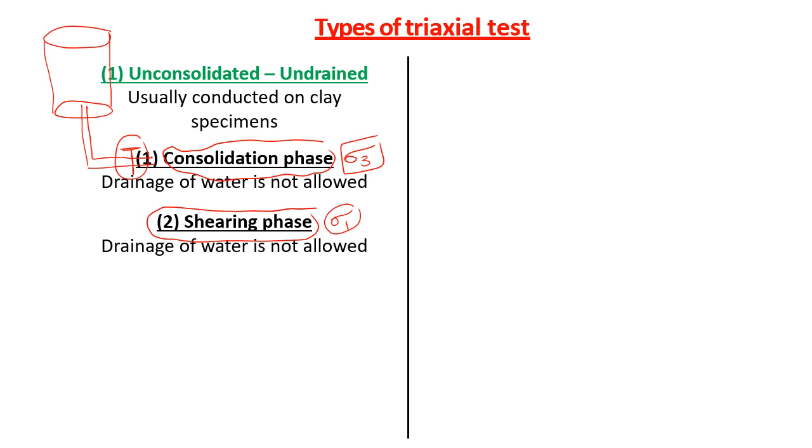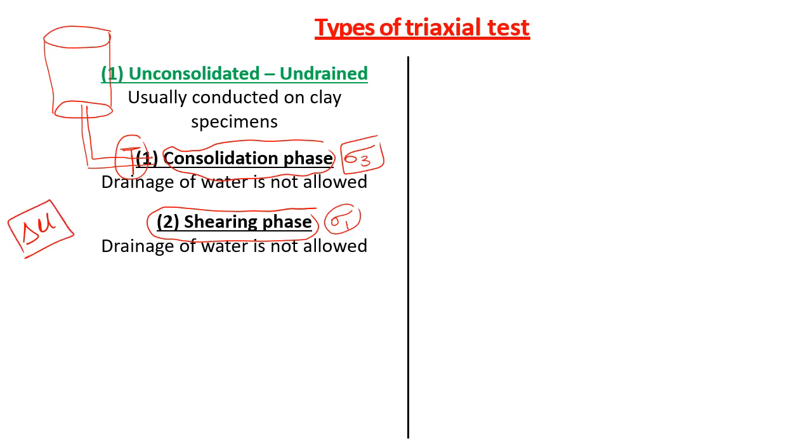In fact, you have to know that since the soil sample is being squeezed under the stresses of sigma 3 and sigma 1, the water wants to move out of the sample. It wants to escape from the load. However, if you close the valve, the water cannot move out from the soil sample, and therefore excess pore water pressure delta U will be generated.